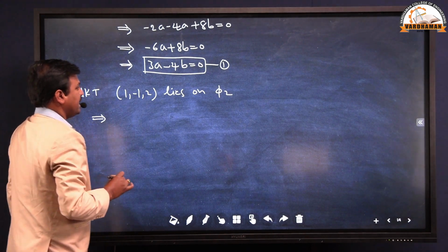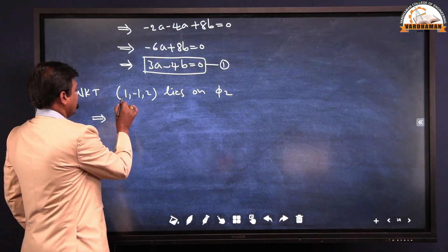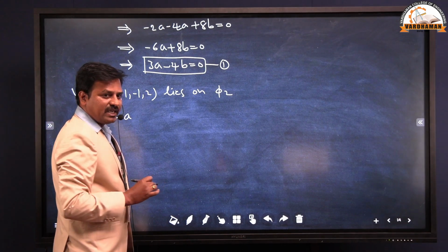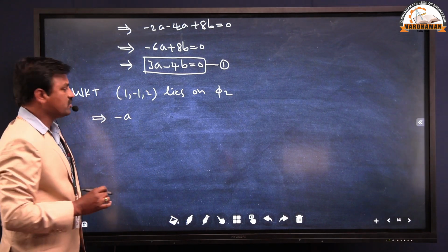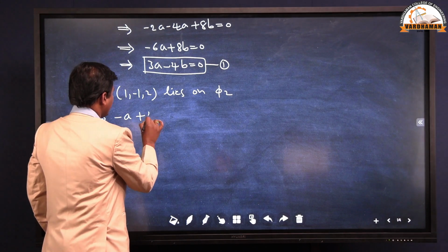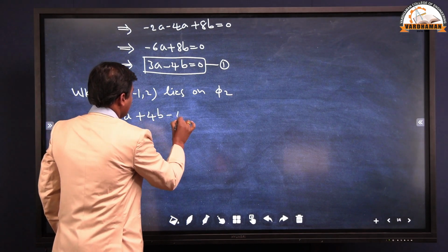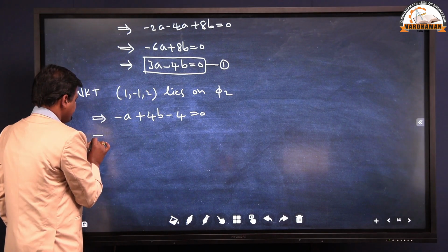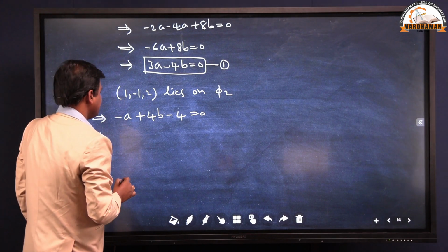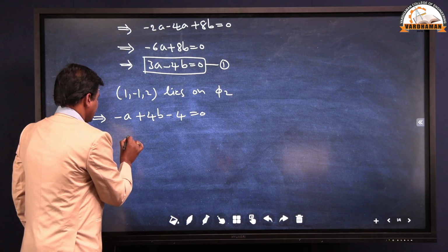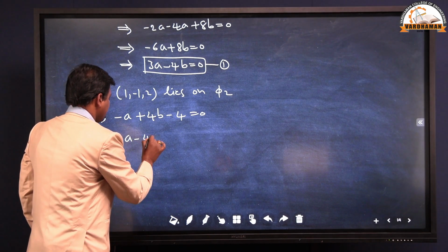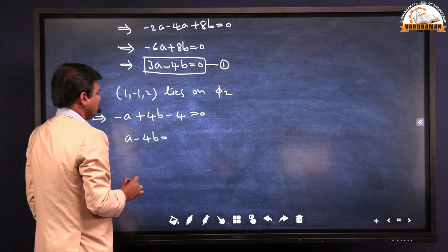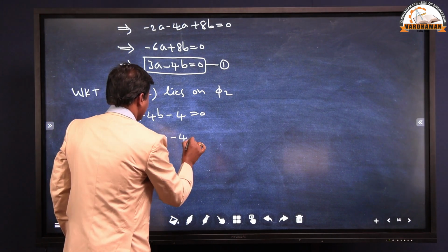This implies a x square y, so a into 1 into minus 1, minus a, plus b z square, so z equal to 2, plus 4b minus 4 equal to 0. This implies minus a plus 4b equals 4, that is a minus 4b equal to minus 4.